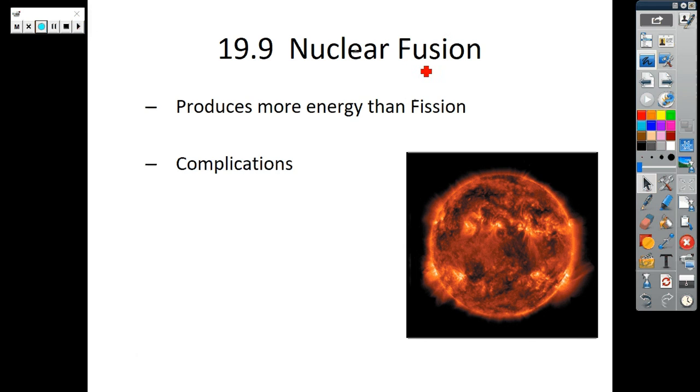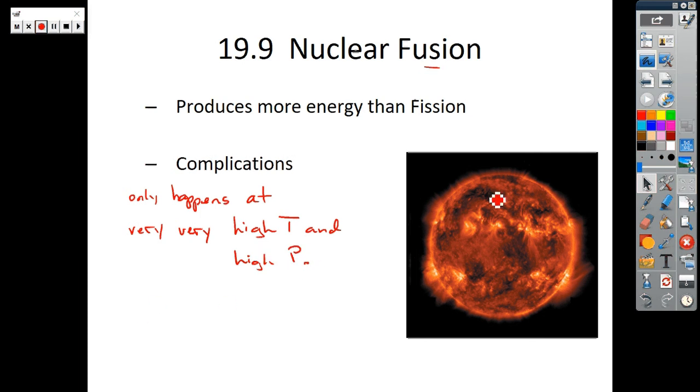Nuclear fusion. All right, now if we take a look at fusion compared to fission, remember fusion is combining nuclei. Now, this produces more energy than fission per mole of particles that are in the reaction. But the problem with trying to use fusion is that it only happens at very, very high temperature and high pressure, okay?